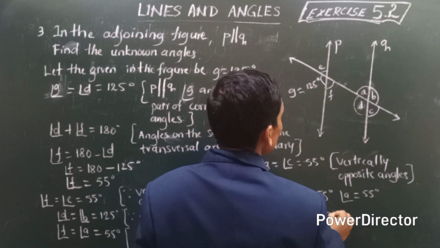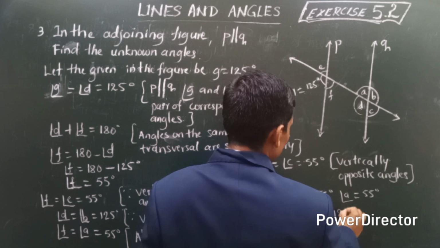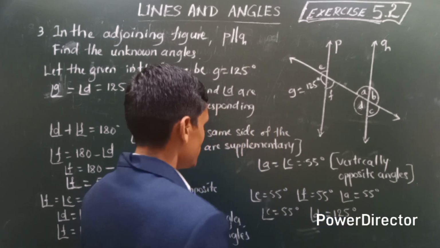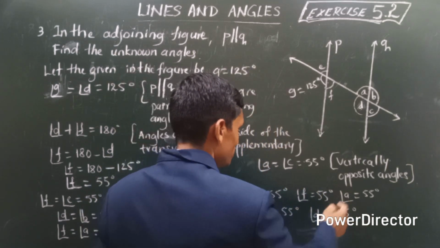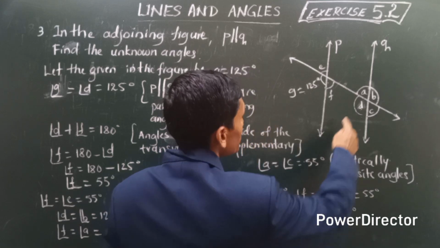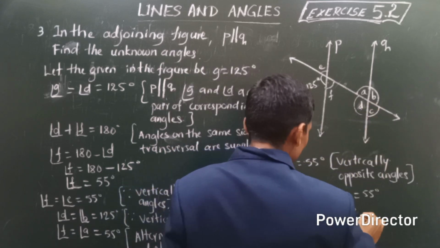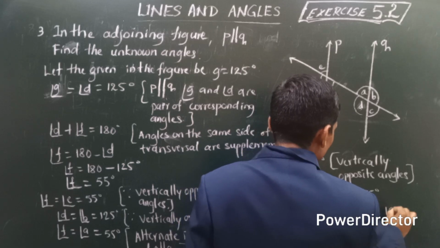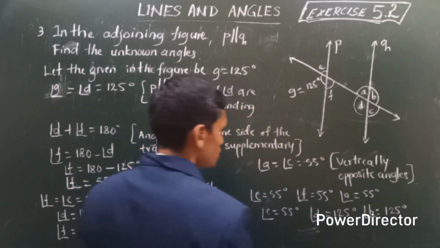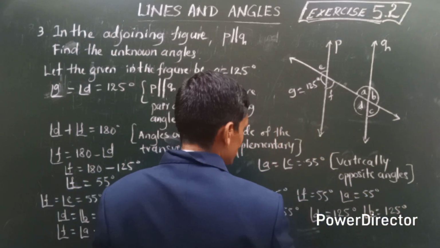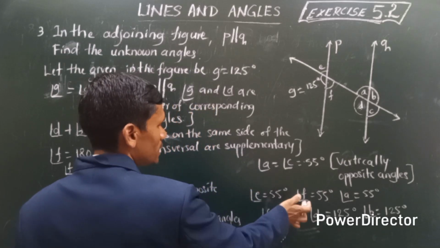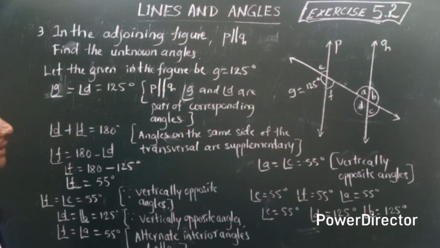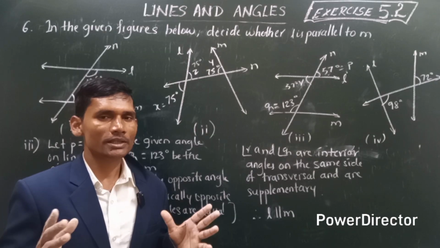Angle D is equal to 125 degrees. We have got all the angles here: E, F, A, B. B we did not write. Angle B is also equal to 125 degrees. So we have got angles A, B, C, D, and all the angles E, F. This is how we can solve. Okay, see you in the next video.